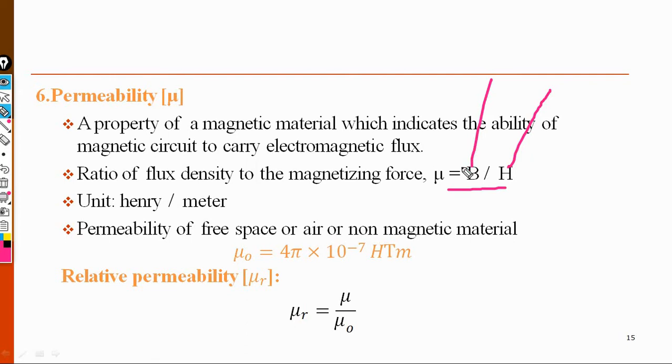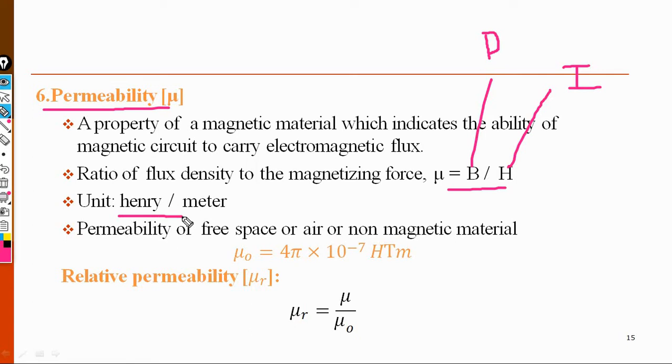That means permeability is the ratio of magnetic flux density upon magnetic field intensity. Its unit is Henry per meter.